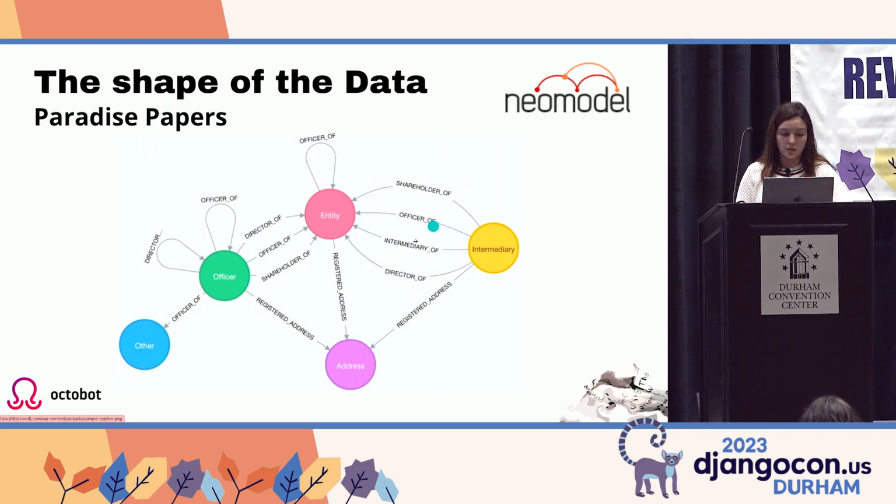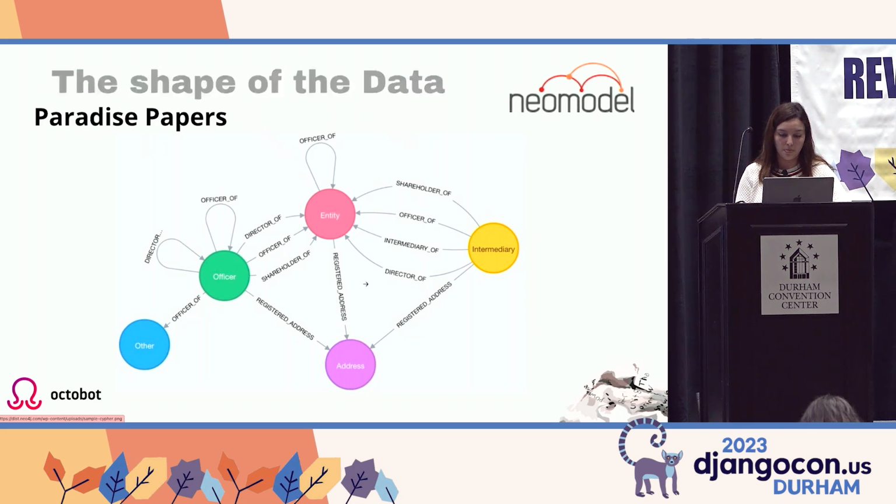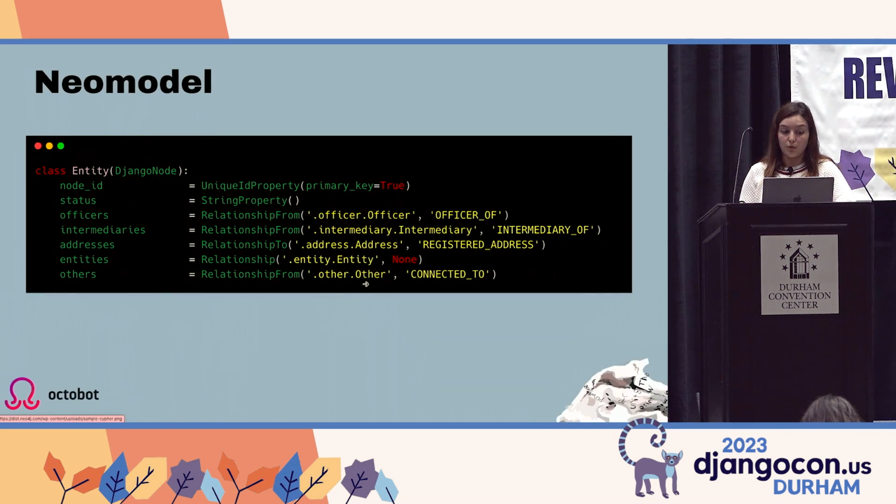So these are all the possible relationships, but I only use a pair of them. So for example, for entity, we have the relationships that can be defined using RelationshipFrom, RelationshipTo, or Relationship. So as I said before, it's quite similar to how we work in Python.